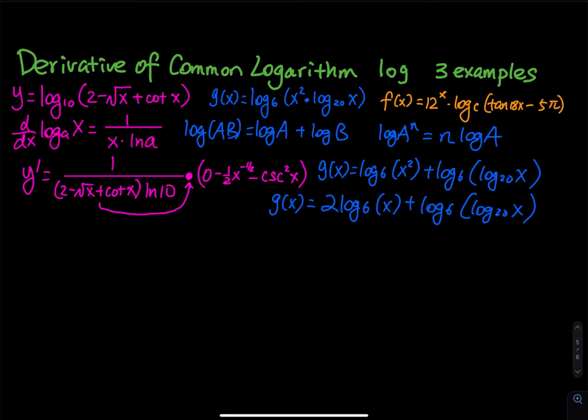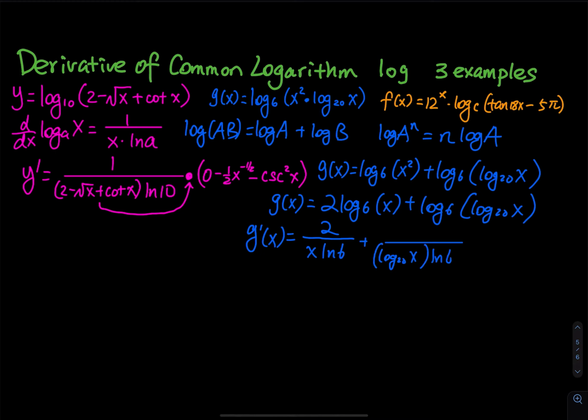Now we start doing the derivatives. What is g prime? So g prime of x, this is base 6, so we have x times ln 6, and the 2 stays on top. And then we have log base 20 of x, times ln 6. I should use a parenthesis for the log.